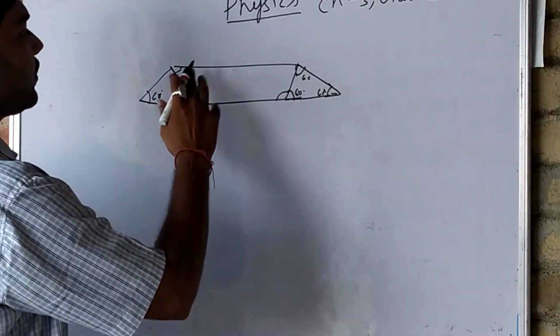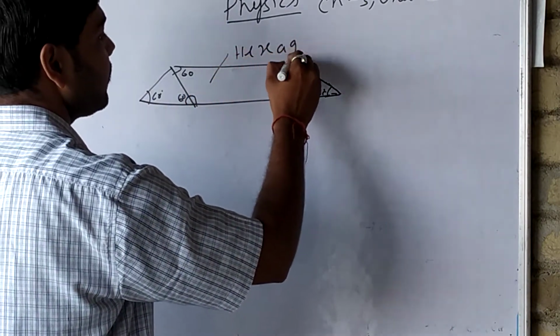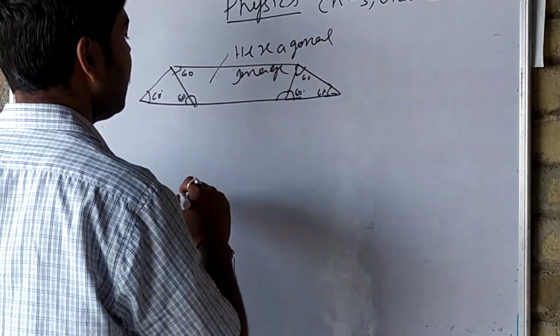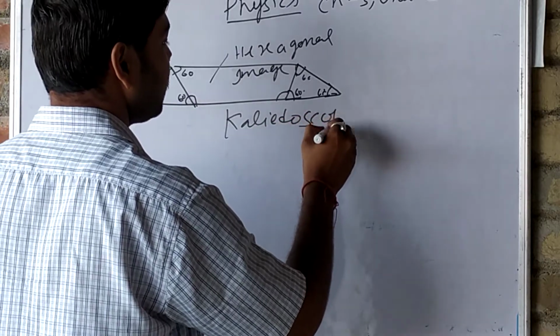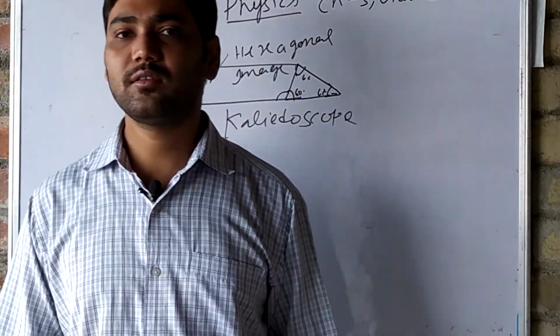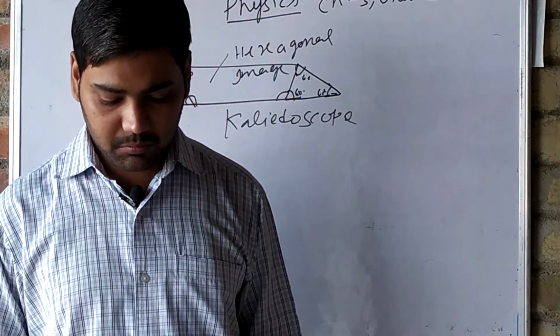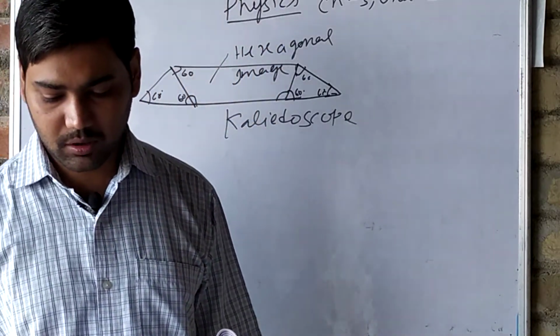Because of 60 degrees, a hexagonal image is formed in the kaleidoscope. This is a toy used by small children to play. Okay. Now they are used in making reflecting periscope. It is also a plane mirror we have studied, used in making periscope.